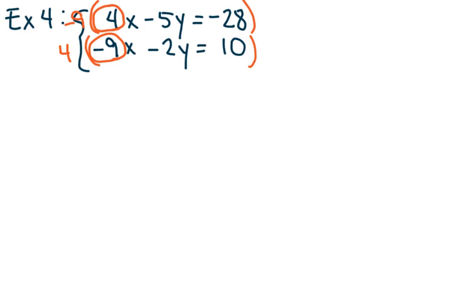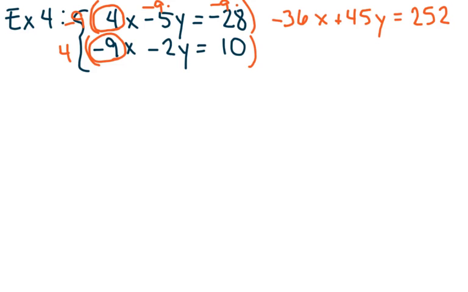So the top row, I'm going to multiply everything by -9. So that results in -36x plus 45y equals 252.